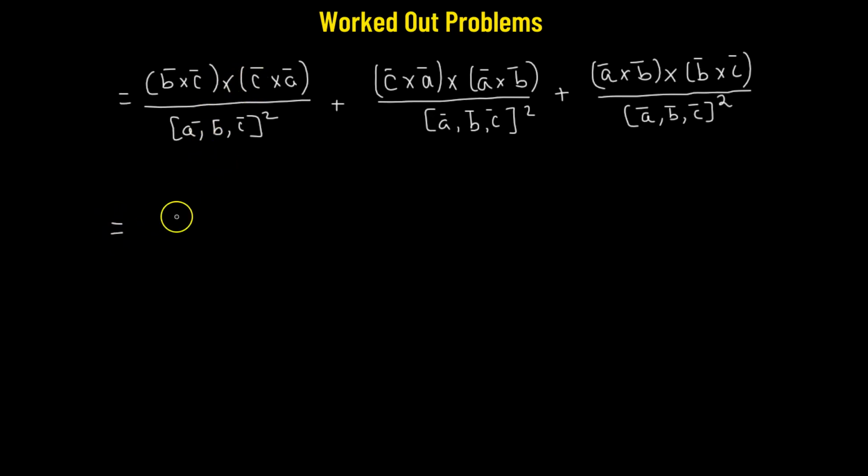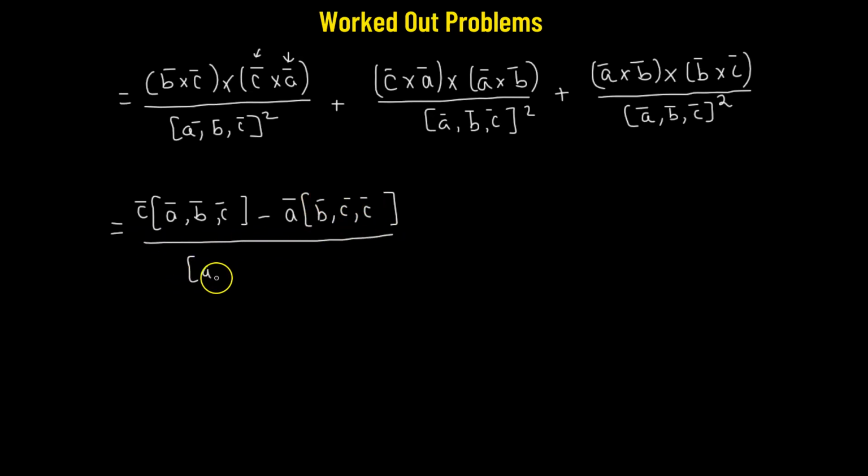For the first one we'll start with vector C. So C vector will be multiplied to the scalar triple product of the remaining vectors, that will be [A, B, C], minus, so we start with the fourth vector, vector A multiplied to the scalar triple product of the remaining vectors, that will be [B, C, C], divided by [A, B, C] squared.